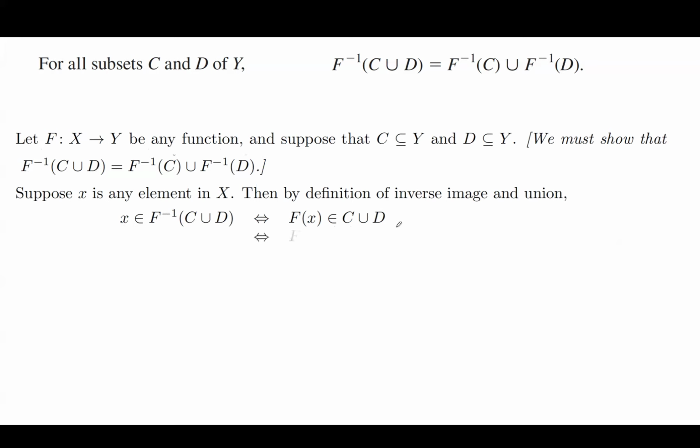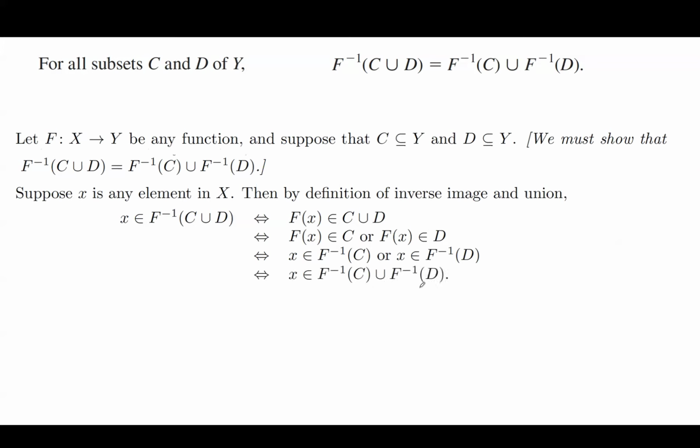Now we can use the definition of union: f of x belongs to C, or f of x belongs to D. Again, you can write it this way. Since f of x belongs to C, x belongs to inverse image of C. Since f of x belongs to D, x is a member of inverse image of D. So what's the meaning of that? It means that x belongs to inverse image of C union inverse image of D.